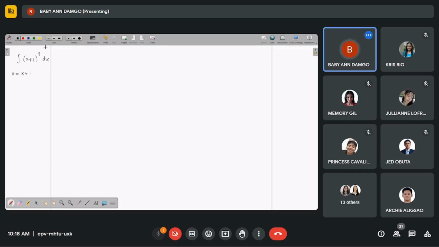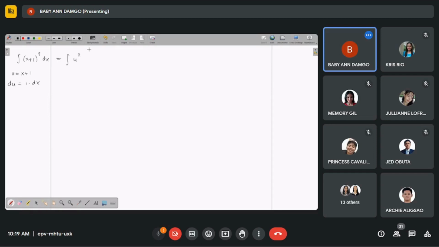So we have here u is equal to x plus 1. Now the derivative of u is du, and the derivative of x plus 1 is 1 times dx. Okay? So we check if we have already substituted all the x. So this is equal to, our x plus 1 is u, so copy the 2.